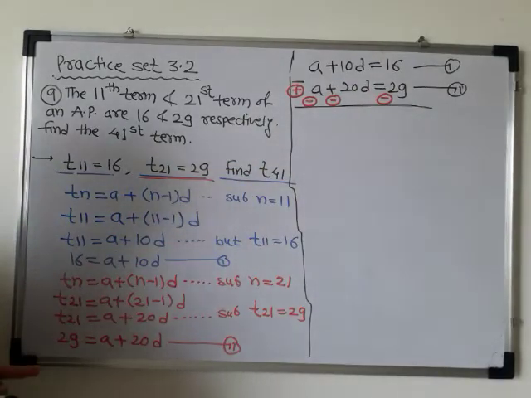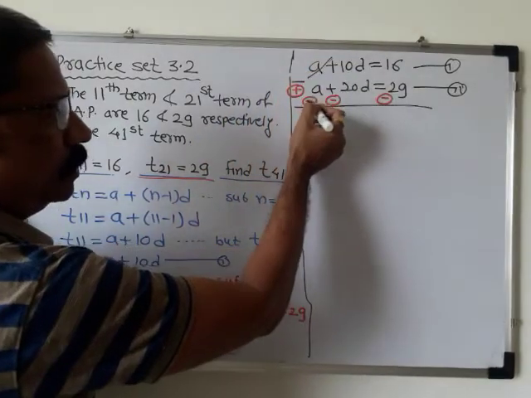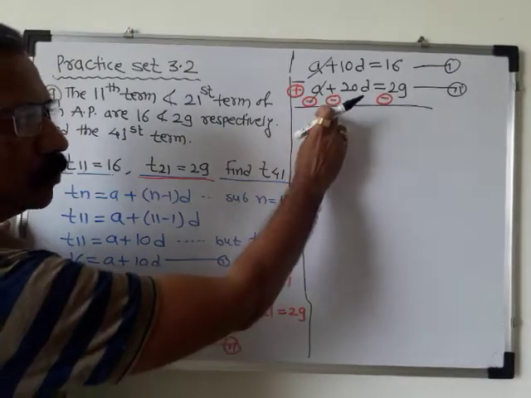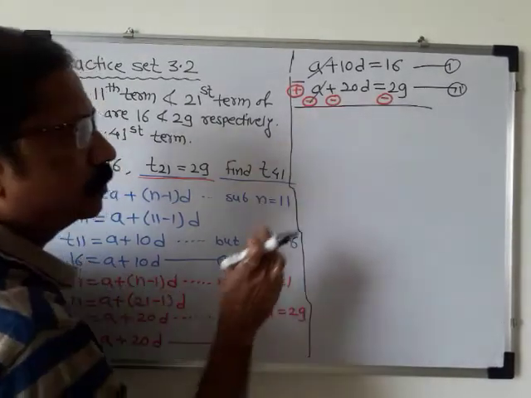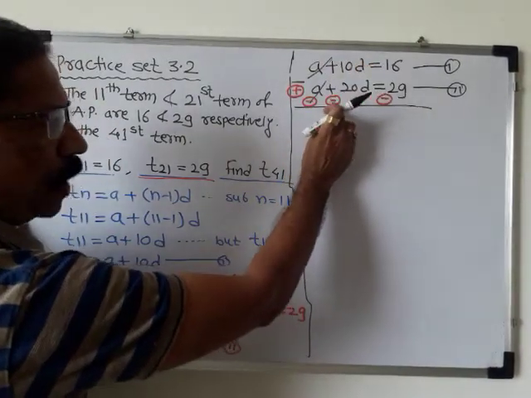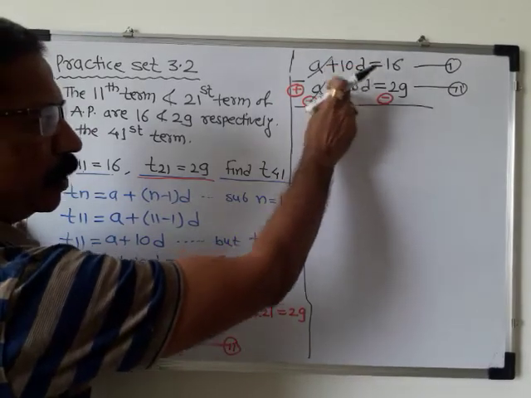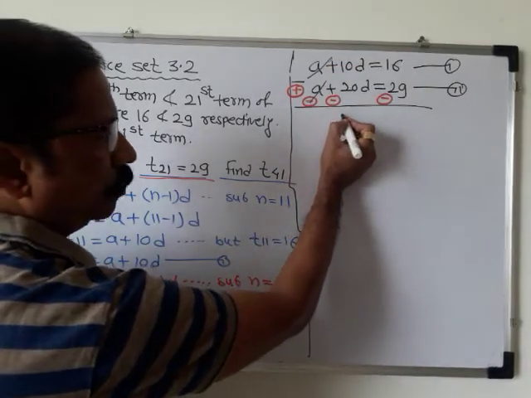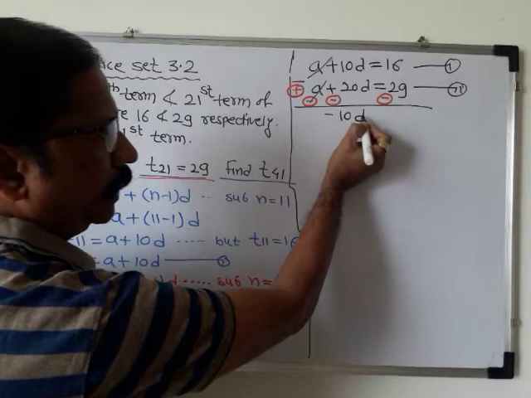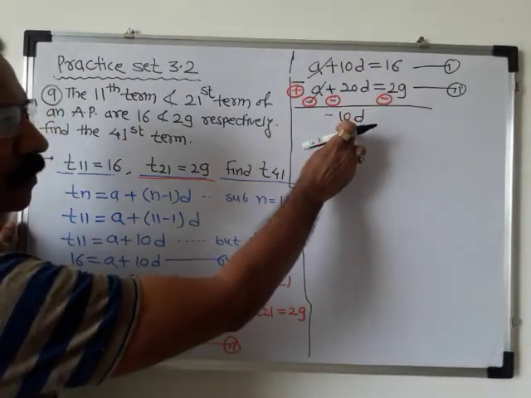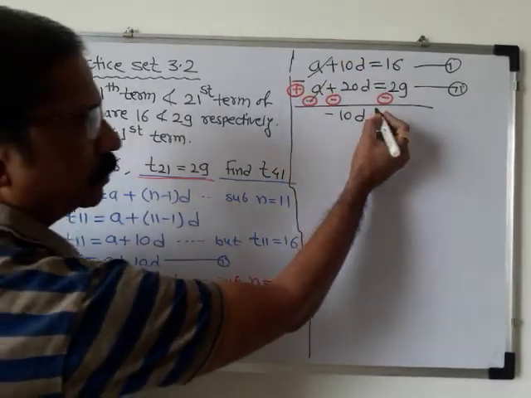So what will happen here? Plus a and this minus a cancel. Just focus on the new signs. 10d minus 20d, plus minus subtraction, sign of the greater, means you will get minus 10d. 20 minus 10 is 10, sign of the greater is minus.